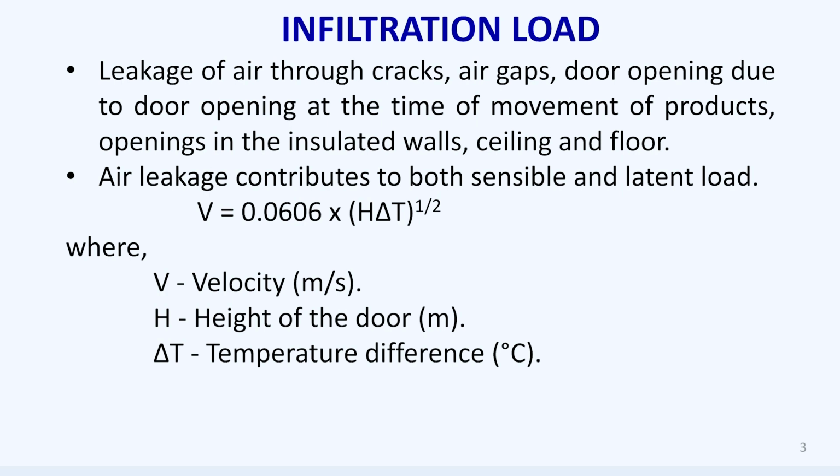Here I have given a formula to calculate the velocity. That is V equal to 0.06 into H into delta T. Here H is not the enthalpy, H is the height of the door. So this is based on a particular component of the cold room, that is the door, because this load comes into picture when the door is opened and until it is closed.